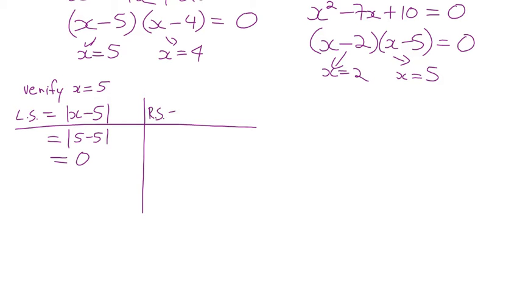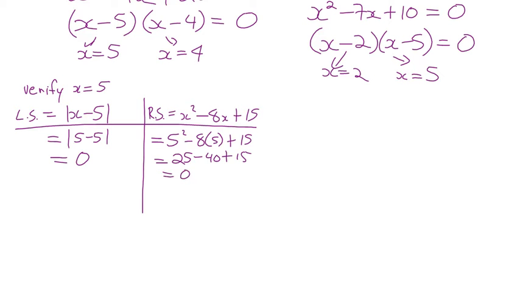The right side is x squared minus 8x plus 15. So it's 5 squared minus 8 times 5 plus 15, which is 25 minus 40 plus 15, which is 0. So that checks. Both sides are 0. Don't reject. You might say, oh, but it's 0, so I need to reject it. No, you don't. The left side and the right side are the same. You need to accept that.